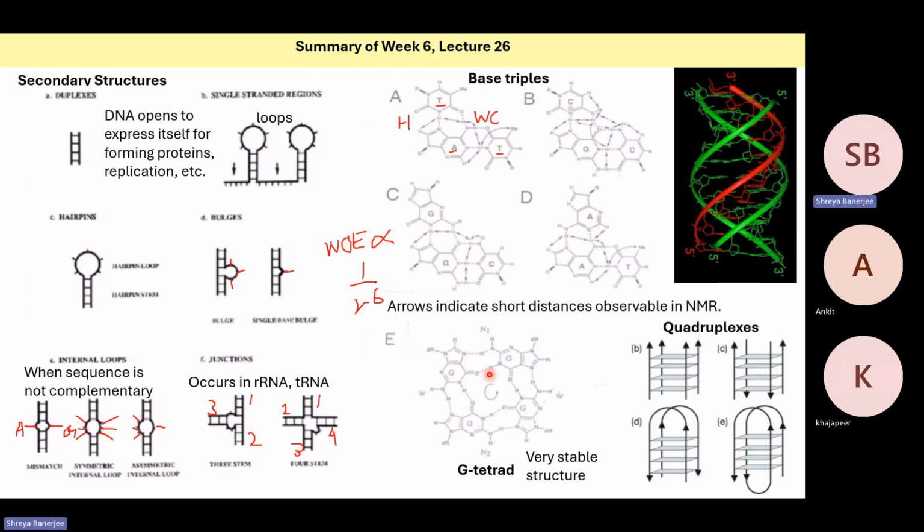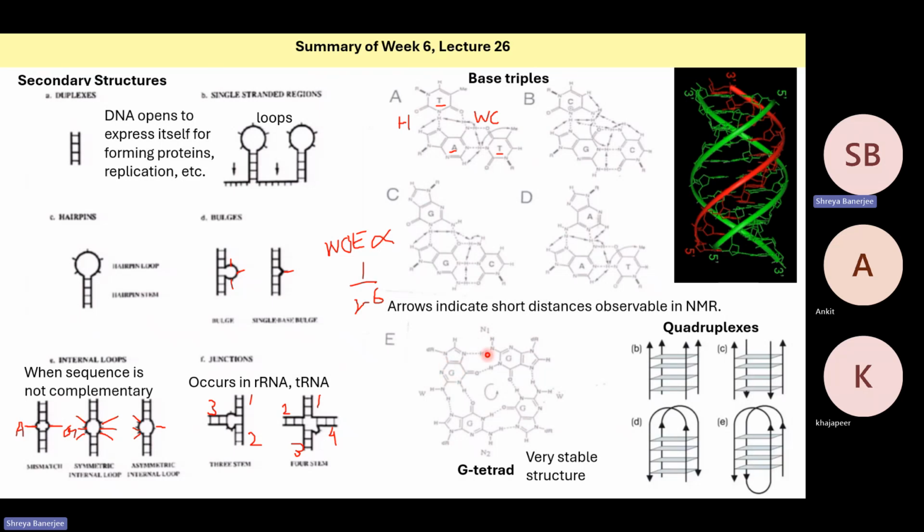You can also have a quadruplex, where four nucleotides come close to each other and bond. This is a very stable structure called the G tetrad or G quadruplex, where four G nitrogenous bases come close to each other and hydrogen bond in this fashion. You can see it is a very symmetric structure.